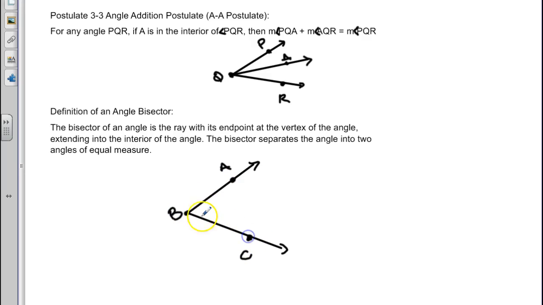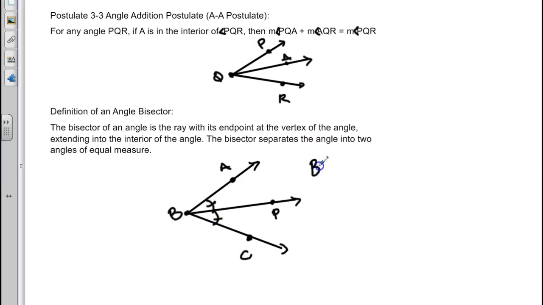And a bisector will be a ray coming from the vertex that will split the given angle into two equal angles. So this is the notation for equal in measure. Sometimes they may just have a mark on it, just this little kind of part of a circle there that looks like that. That tells you that they're equal, or they may stick a line through it like that to show that those two are equal in measure.